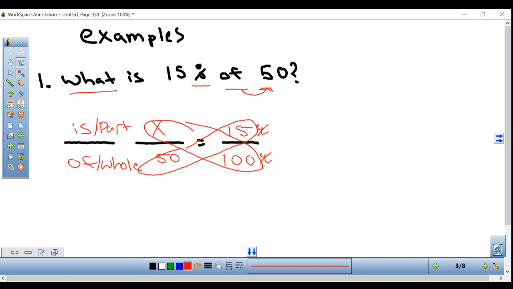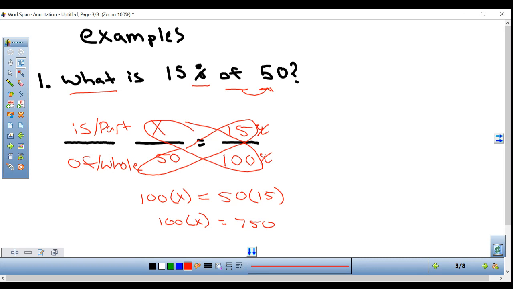So 50 times 15 and then 100 times X. And I'm going to solve what I can solve. So I can't do anything with 100 times X, but I can do 50 times 15, and that's going to give me 750.